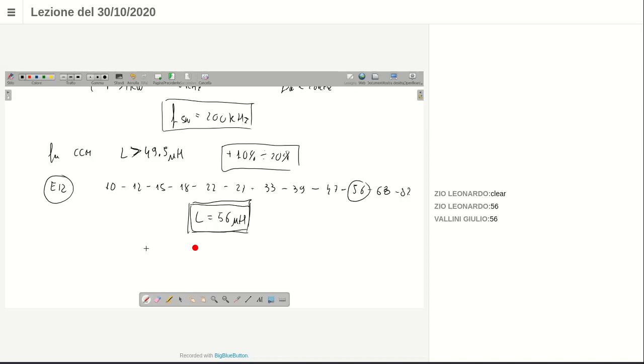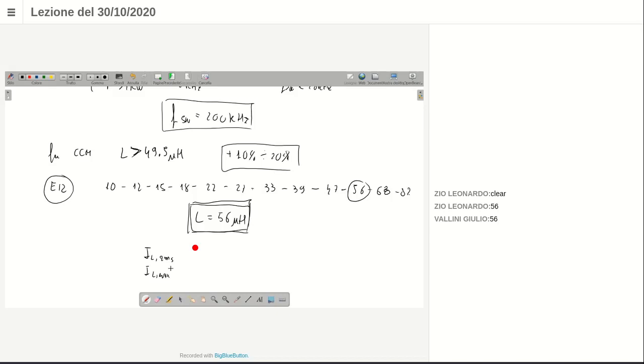In particular, we need to know the RMS current which flows through the inductor. We need an inductor that is suitable to sustain the RMS current which is expected to flow in our buck converter. And we also have a specification on the maximum current value.